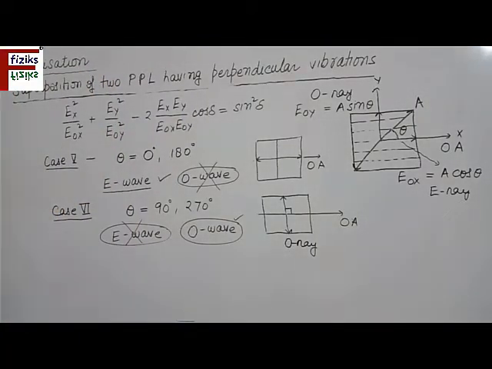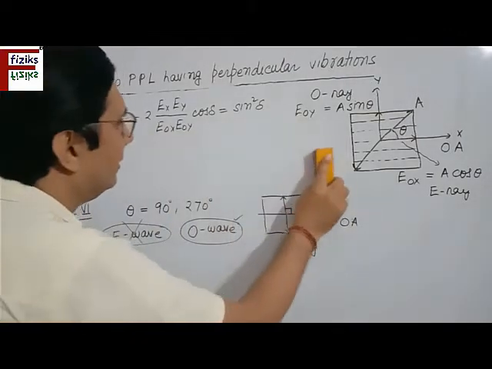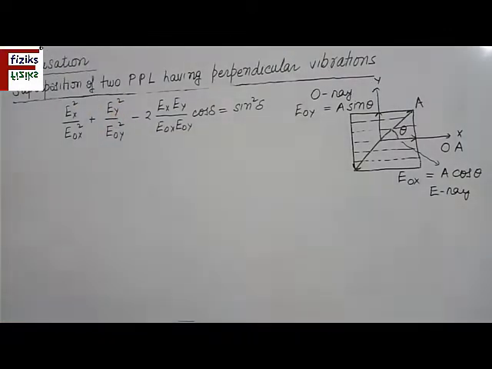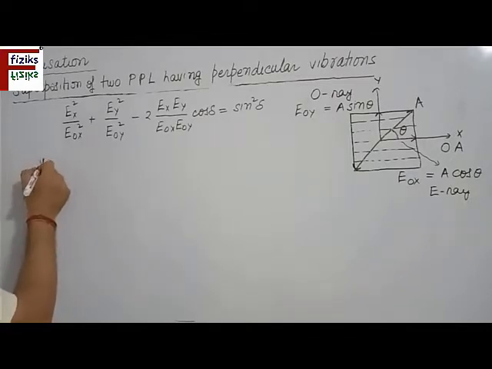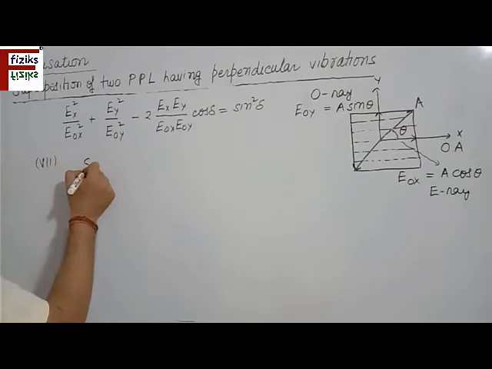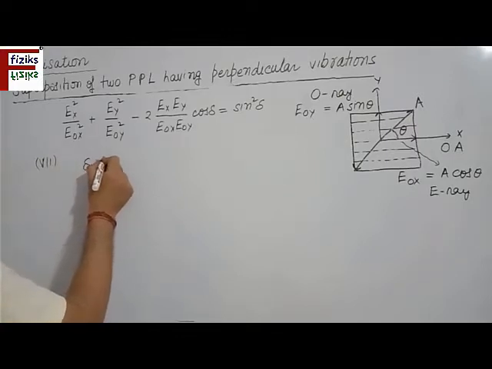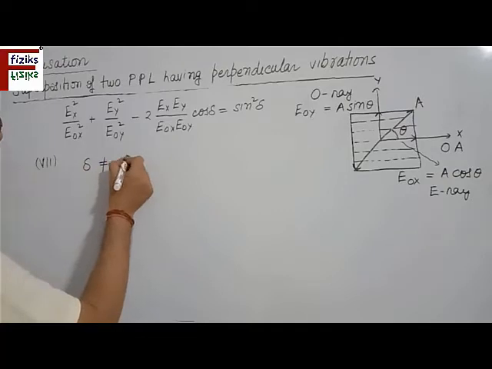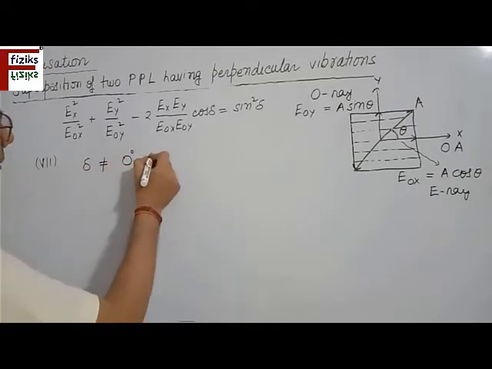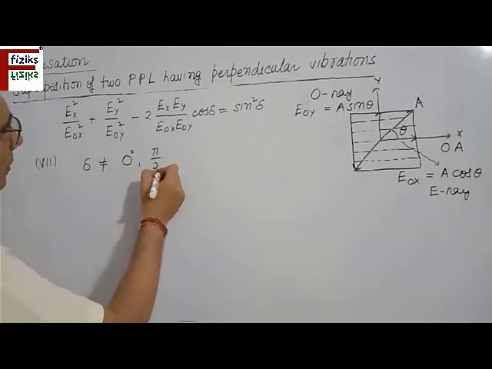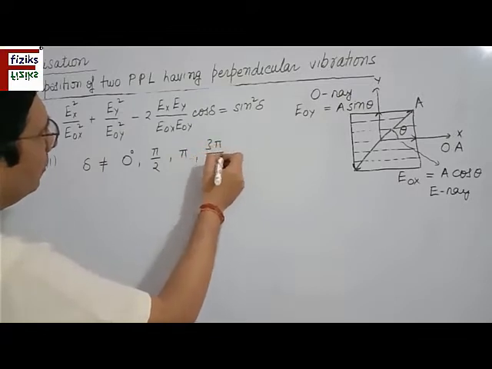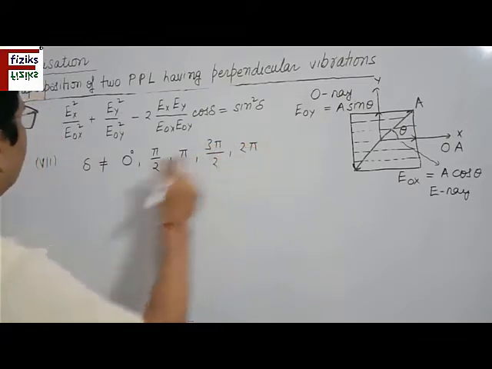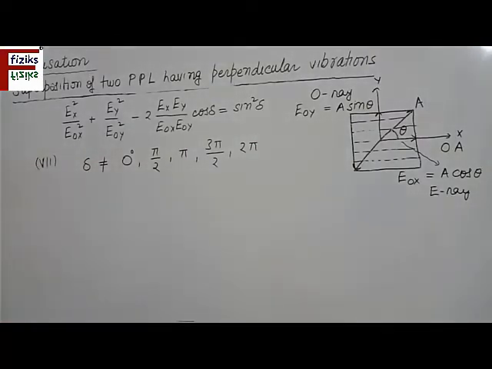Now come to case number 7. If our delta is not equal to a multiple of 0 degree, pi by 2, pi, 3 pi by 2, and 2 pi, if our delta is not like this, then what will be the shape?